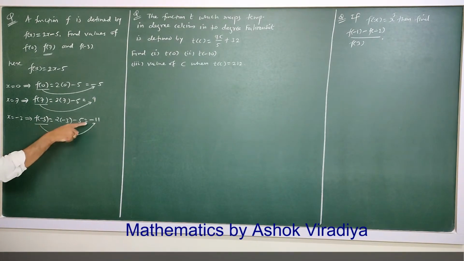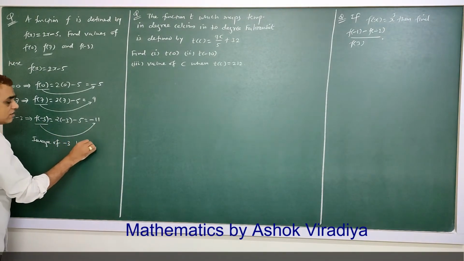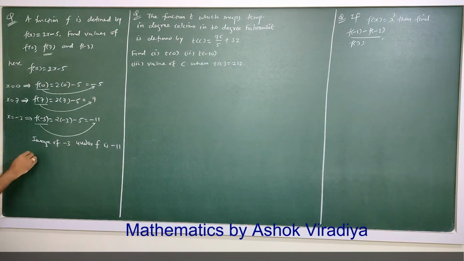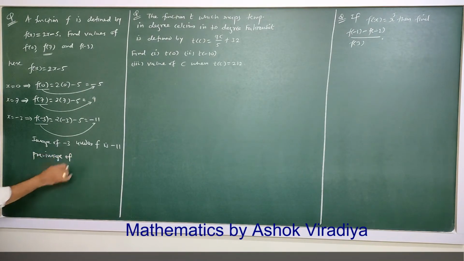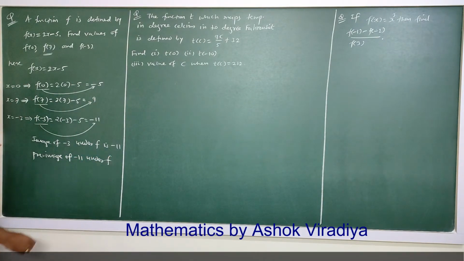We speak these statements like this: image of minus 3 under f is minus 11, or pre-image of minus 11 under f is minus 3. So such statements are spoken by this method.